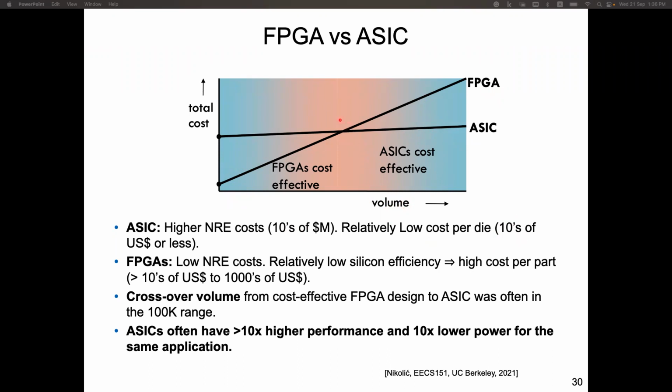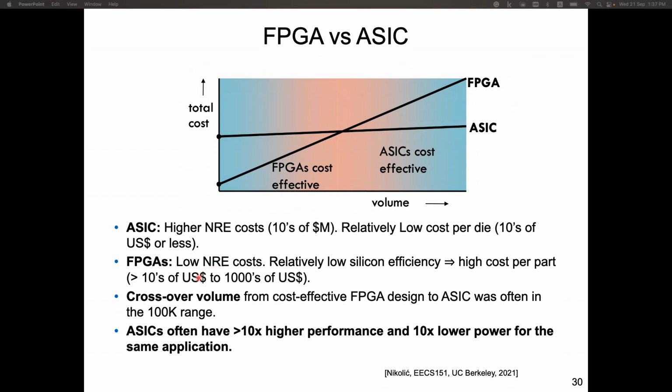And there is a crossover point here. Below this volume, FPGA has greater advantage in terms of cost. Beyond this volume, ASIC provides lower cost solution.